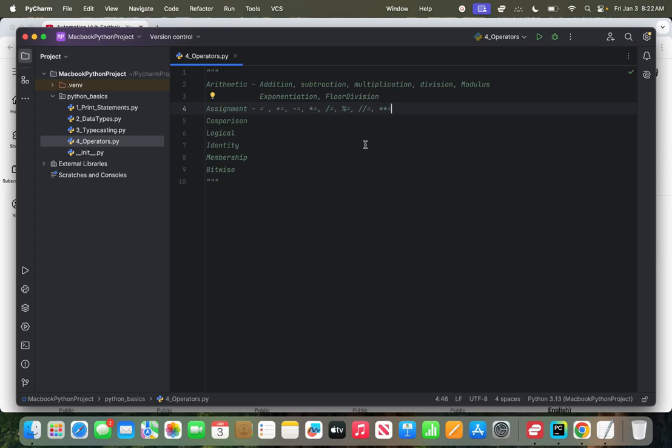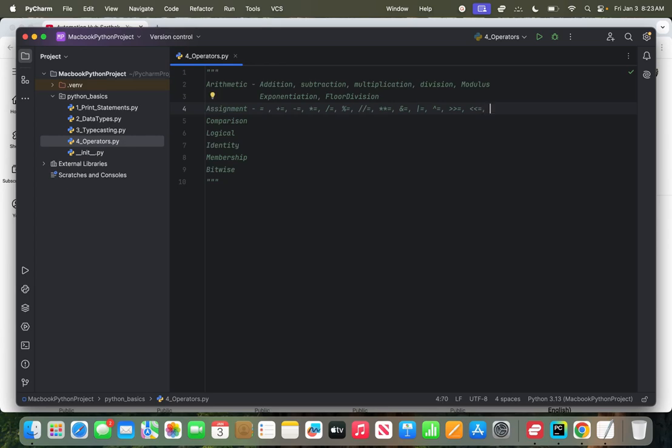Then you have your ampersand equals to, then we have your pipe equals to, then greater than equals to, less than equals to, and there is one more thing.